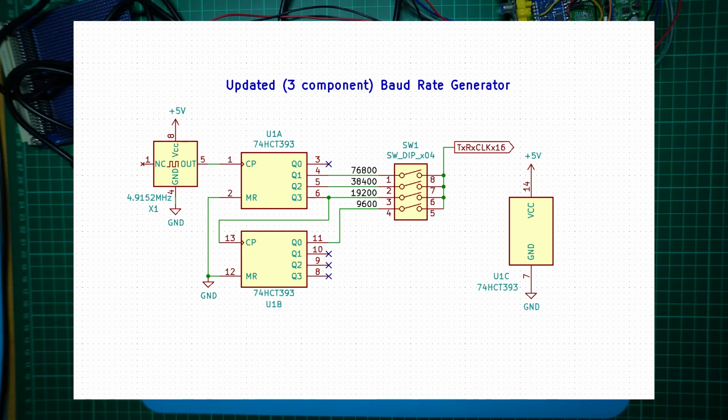I was tossing up between making the 4th selectable speed the more expected 4800 baud, or whether to select a higher speed instead. Given that it's unlikely I'll actually use anything less than 9600 baud, I decided to make the 4th baud rate the less common 76800 baud, being twice the 38400 rate.